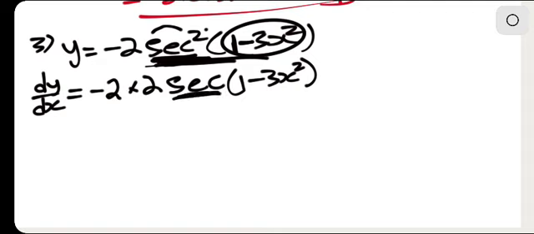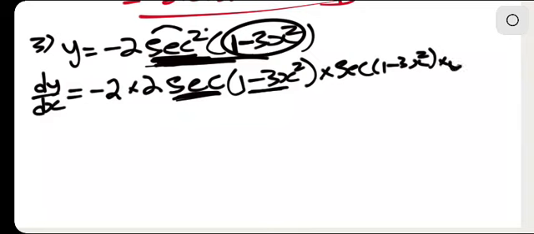So this will be sec. You write all of these, 1 minus 3x squared, by the way. Multiply, remember this is a multiply by tan. We have that tan.